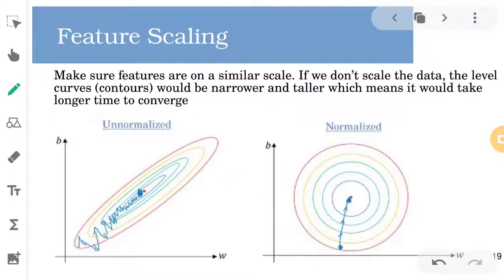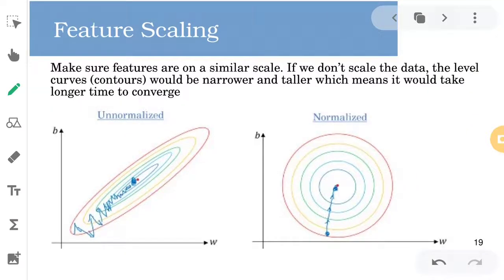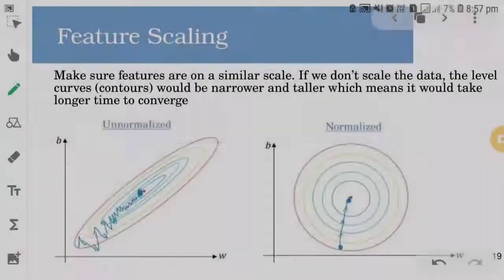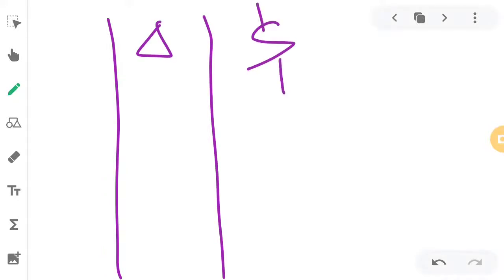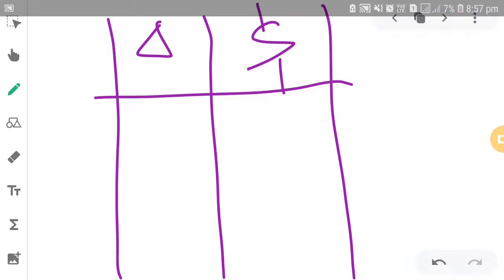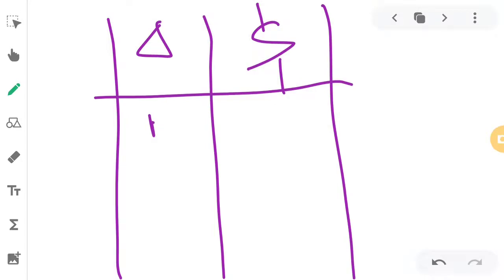Suppose area and price: here is the area of 1 square feet, the price of 1 square feet, and there is a house of 1000 square feet.